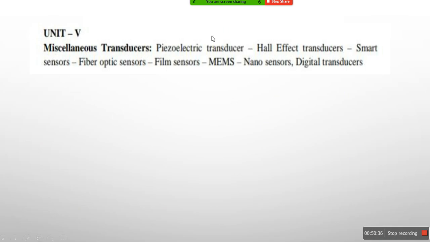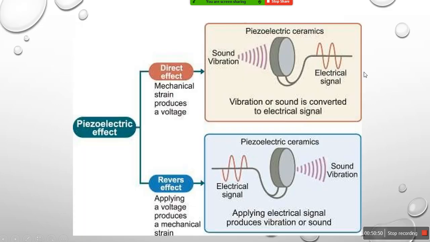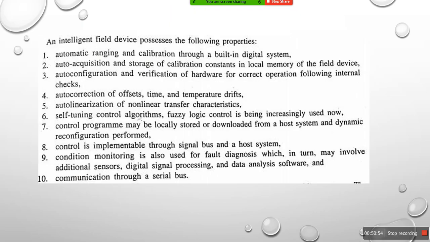Piezoelectric transducer is completed, next is Hall effect transducers, and third is smart sensors. If possible, we'll stop with the smart sensors, and later we will discuss fiber optic, film, and MEMS, and in one class we can complete these other topics, because all of these are very small topics.